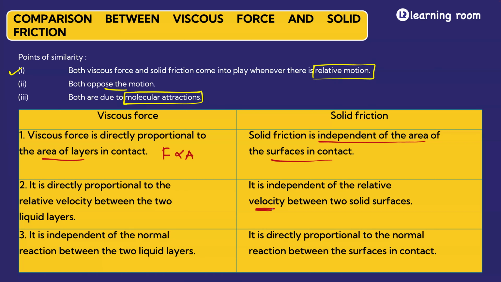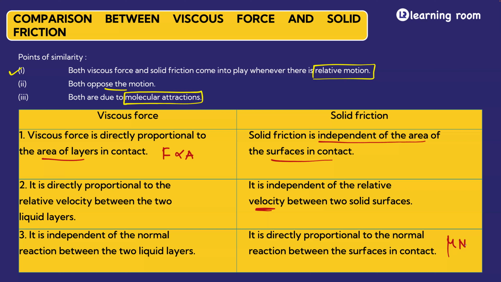And the third difference? Here we don't speak anything about normal force. It is independent of the normal reaction between the liquid layers, whereas in solid friction, that plays a very important role. You remember we wrote all the equations as mu into N. So it is directly proportional to the normal reaction between the surfaces in contact.